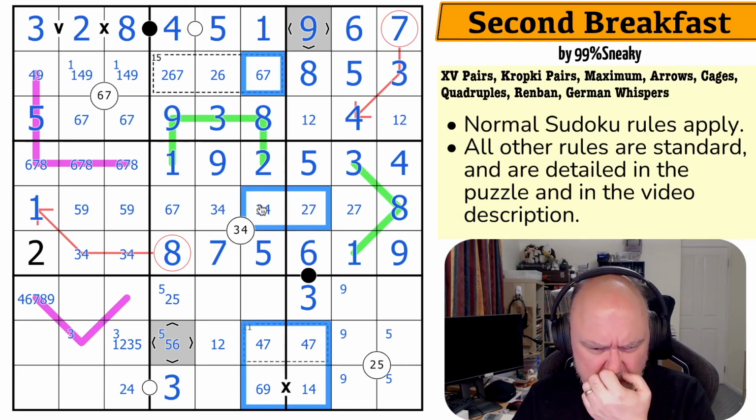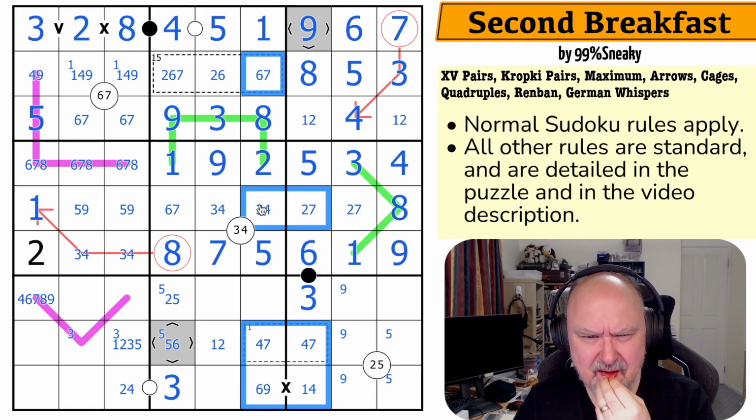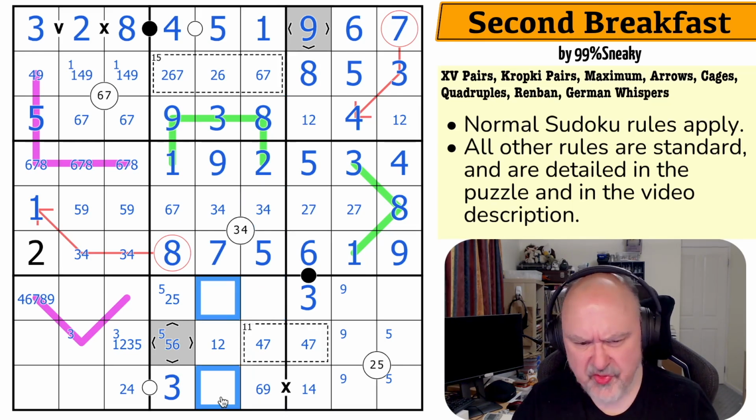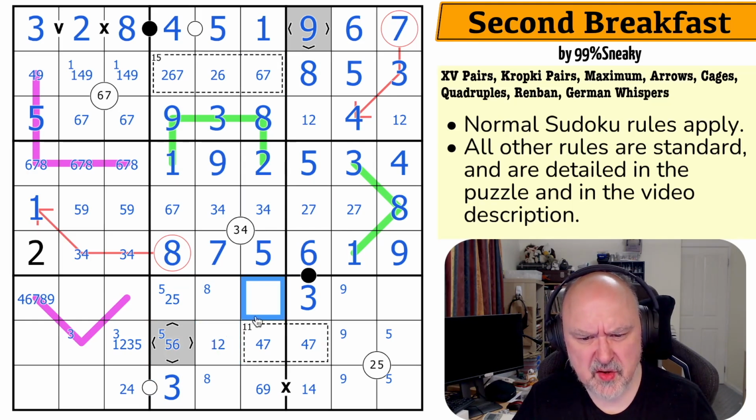That all seems okay. 8 is in one of those two. Because I can't put 8 in here or here, and that's a 1 or a 2, because it has to be lower than that. 9 in this box is in one of those two.